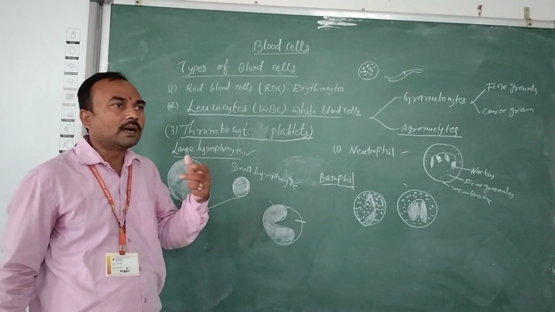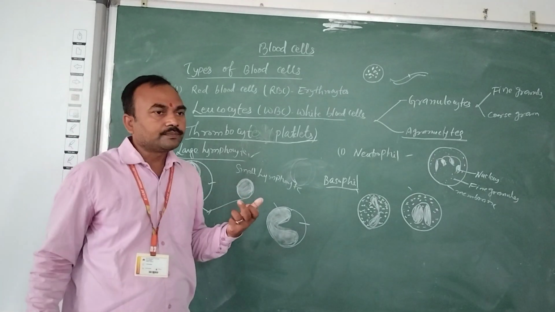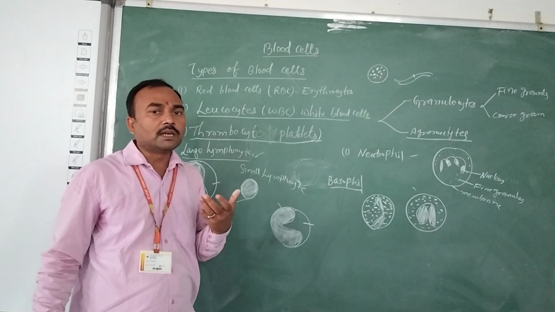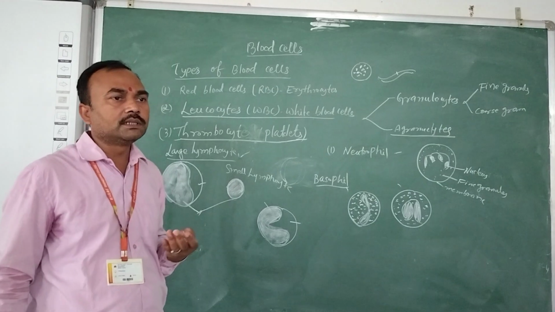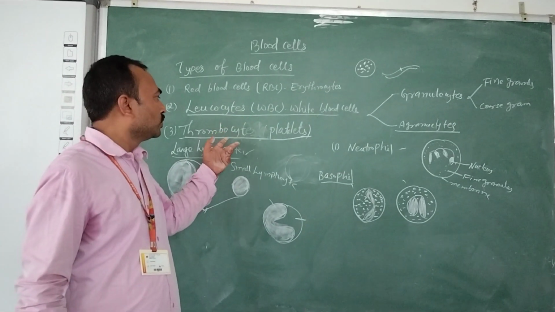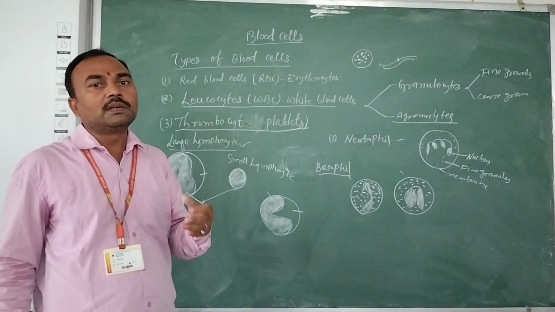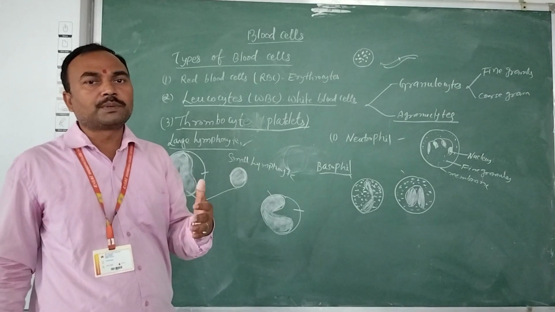The property of the RBC diluting fluid is that it removes the remaining two cells, leukocytes and thrombocytes, and only RBCs will be present.